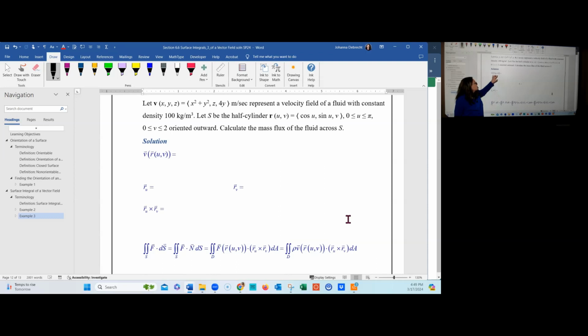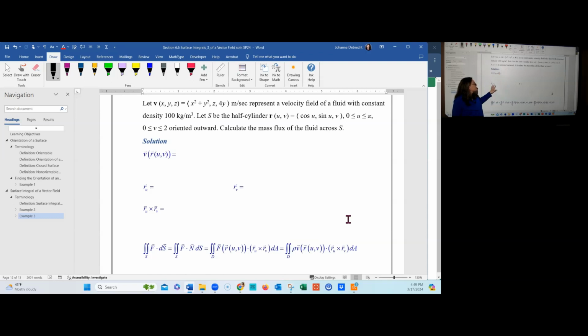You will need to first substitute the parameterization into the definition of the vector field. Cosine of u will replace x, sine of u will replace y, v will replace z.